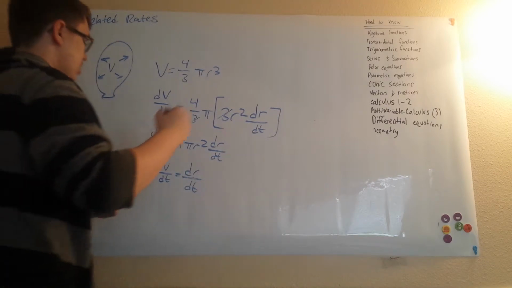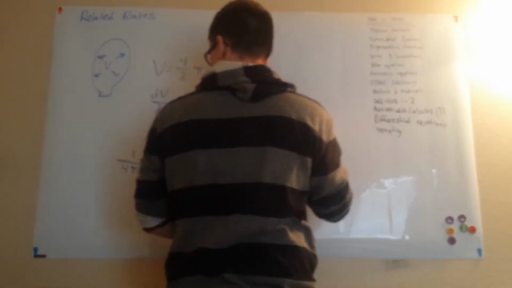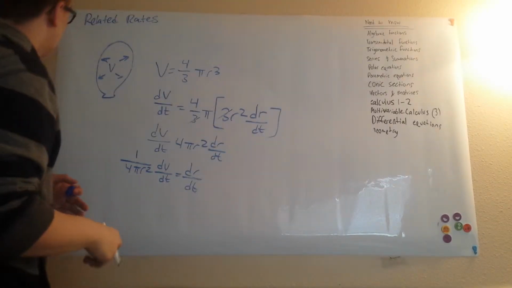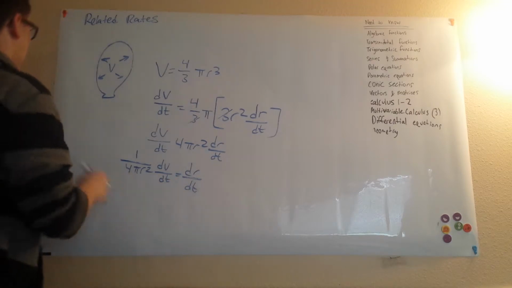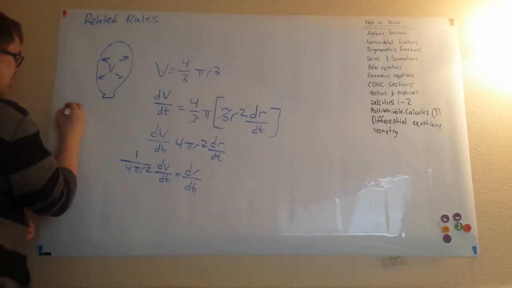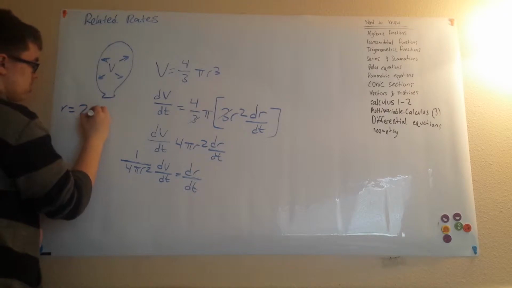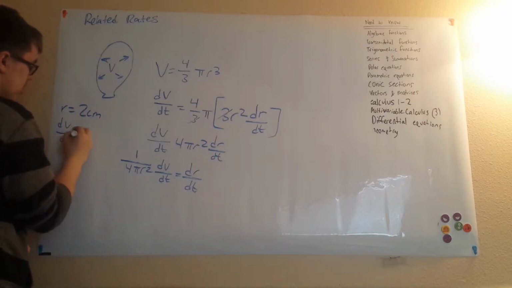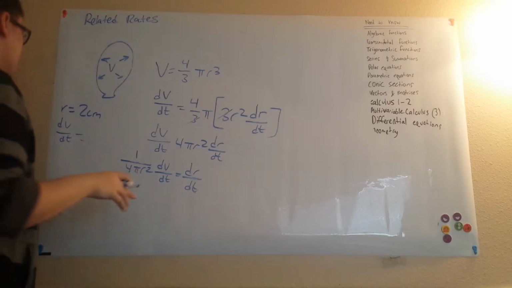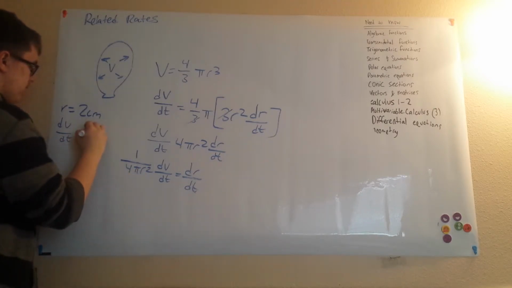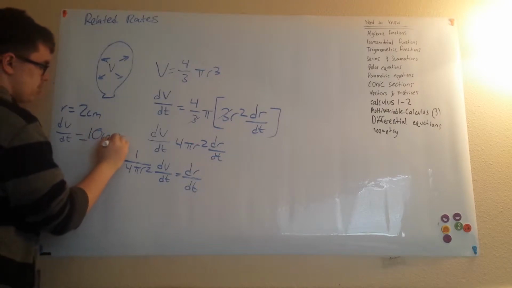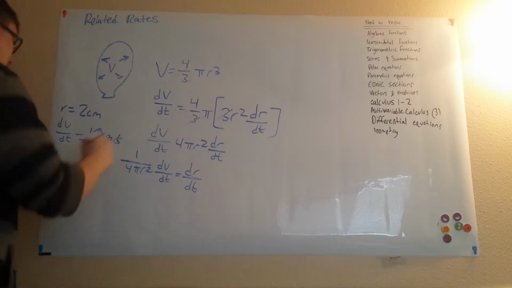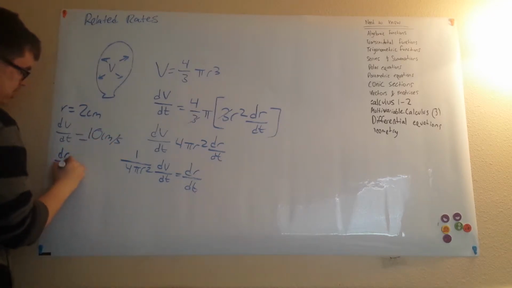So if I said, how fast is the radius expanding when the radius at that time is 2 centimeters and the volume is expanding at 10 cubic centimeters per second? How fast is the radius expanding at that time?